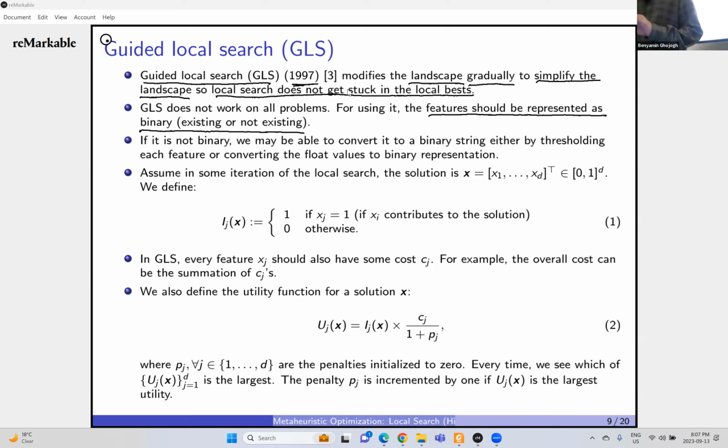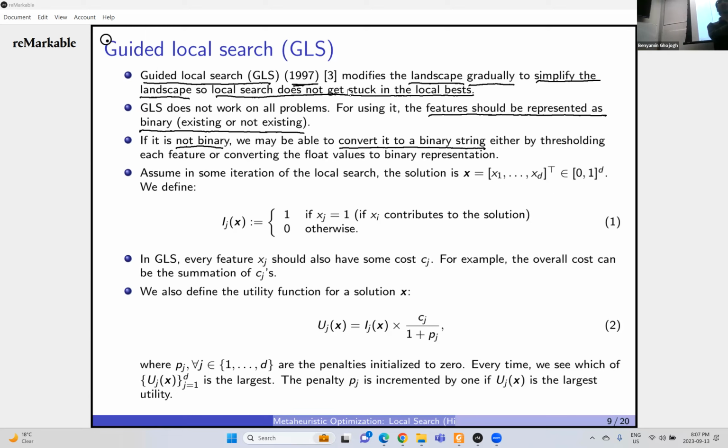So if it is not binary, assume your features are not binary, then what can we do? We may be able to convert it to a binary string, in two ways at least. One way: assume your feature is a floating point vector. Then using a threshold, make every feature binary. If every feature value is less than half, for example, it is 0, greater than half is 1, right?